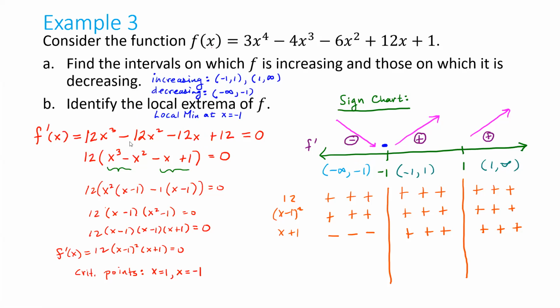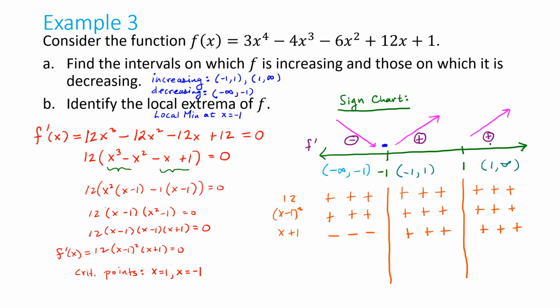Good, and what about our local maximum? Do we have a local maximum? No, because the 1 is just like a flat line where it just stays positive on both ends. Yeah, good. So it doesn't change from positive to negative.